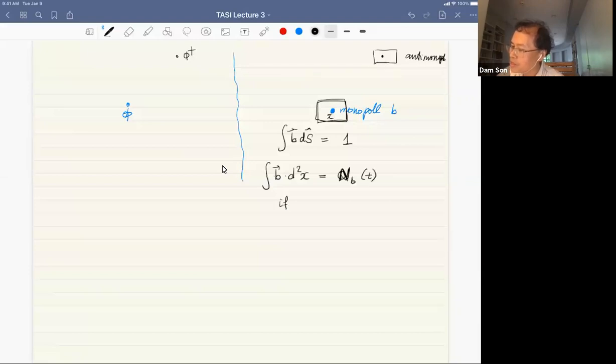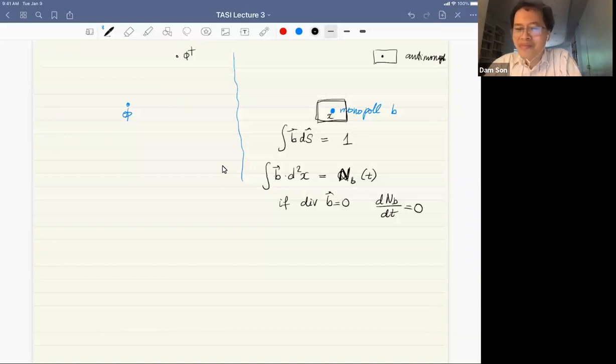So if divergence of B is 0, that corresponds to this charge being conserved. But here divergence of B is non-zero. When you insert a source, inserting a source of the monopole corresponds to creating a flux of the magnetic field. Does what I said make sense?